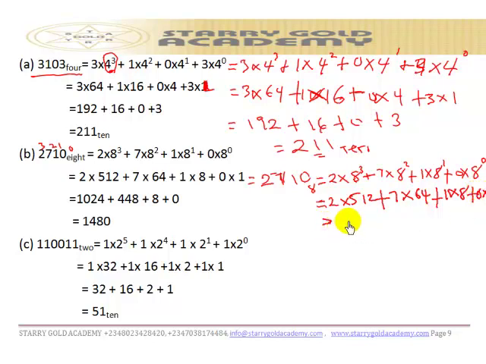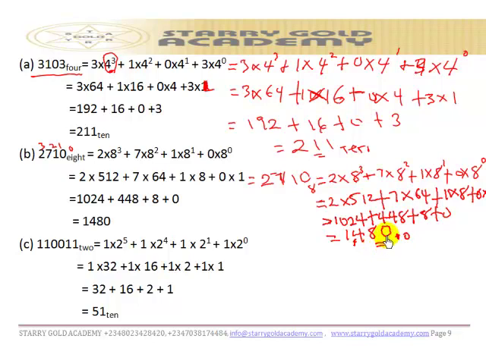So you have 2 times 512, that's 1024, plus 448 plus 8 plus 0. So at the end of the summation, you're going to have 1480 base 10.